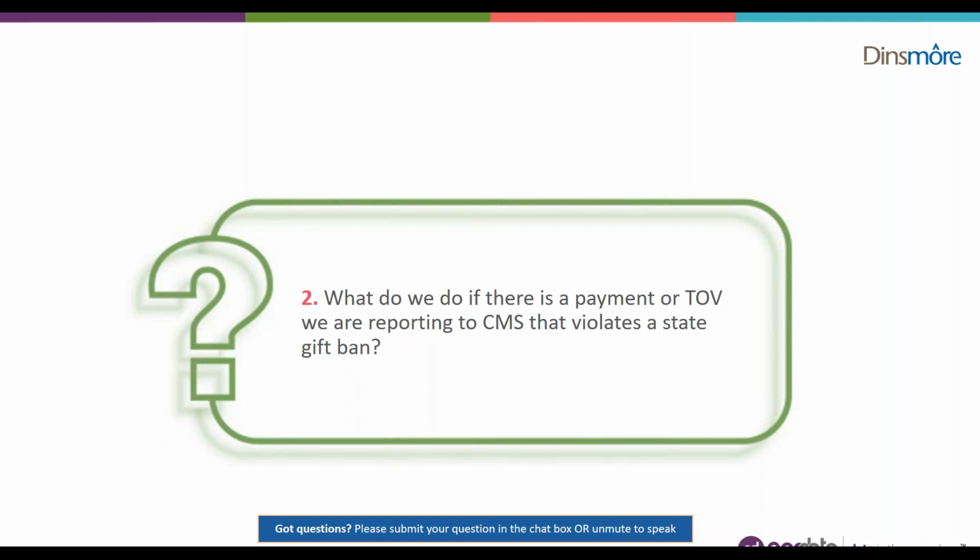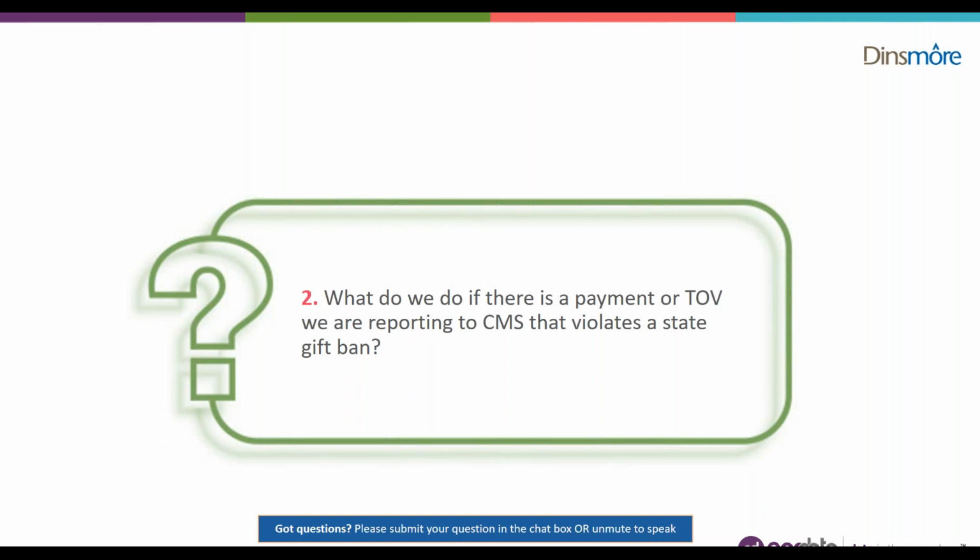The other thing that I just want to mention here is that, in addition to the state laws that we're concerned about, things like the gift ban or gift limits, there are other requirements, other things that may trigger a problem when you report the information to Open Payments. Some of the things I'm thinking about are government ethics rules and VA rules.